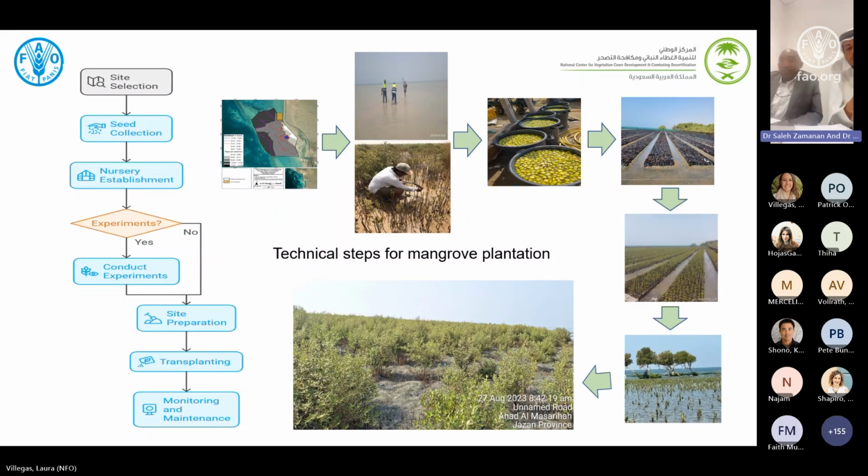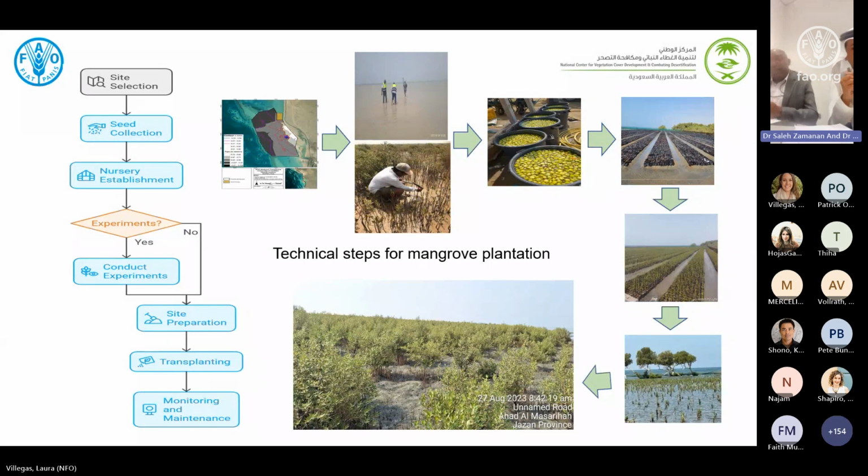At first, we select the sites based on some criteria. We have a very long list of criteria. We can exchange this information through email to give you more information about our process for the selection of sites, because in the Red Sea we have corals, and in the Arabian Gulf we have submarine areas, so these areas are not potential for plantation.